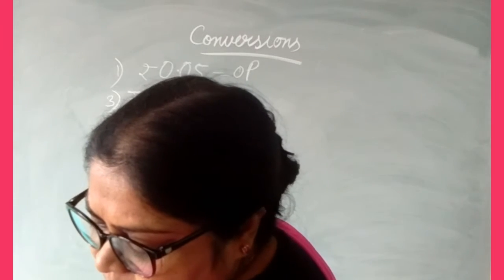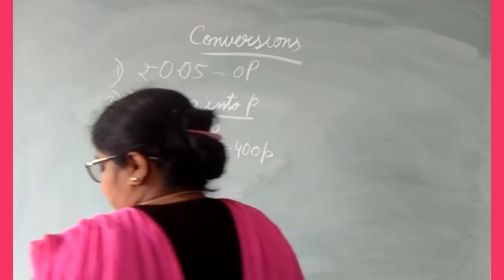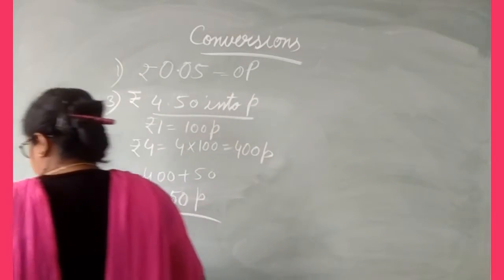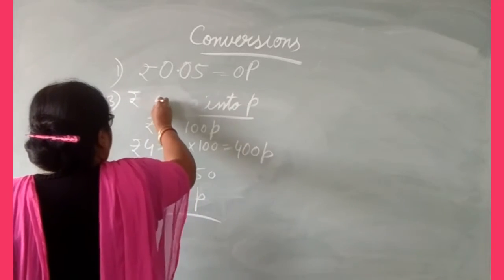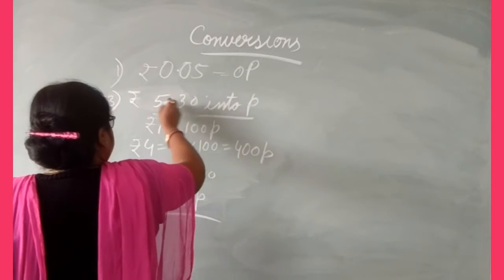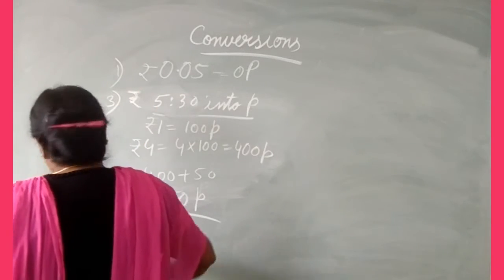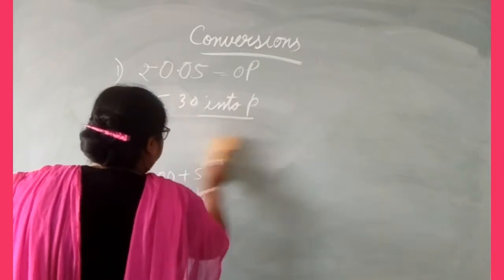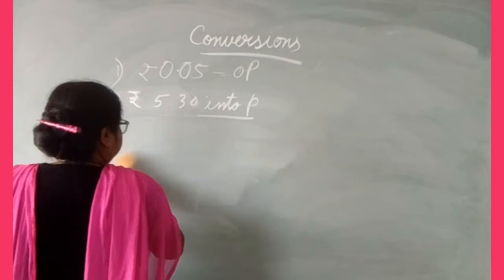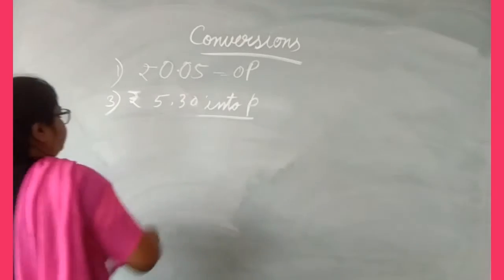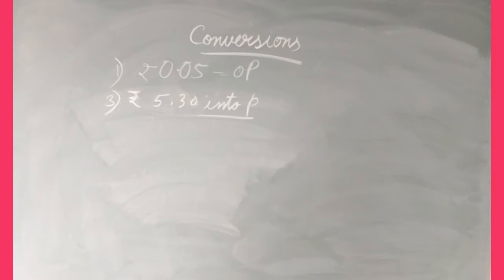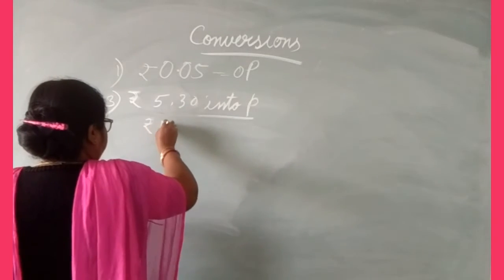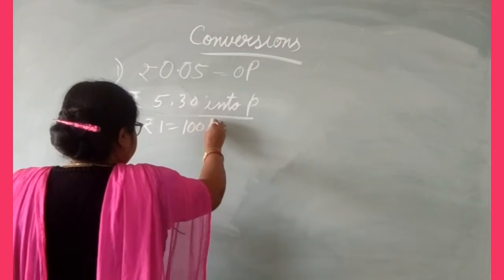Next one is 5 rupees 30 paisa. You write here 5 rupees 30 paisa. Okay. Next question is 5 rupees 30 paisa. So what you will do here? Same process. But knowing that 1 rupee is equal to 100 paisa.